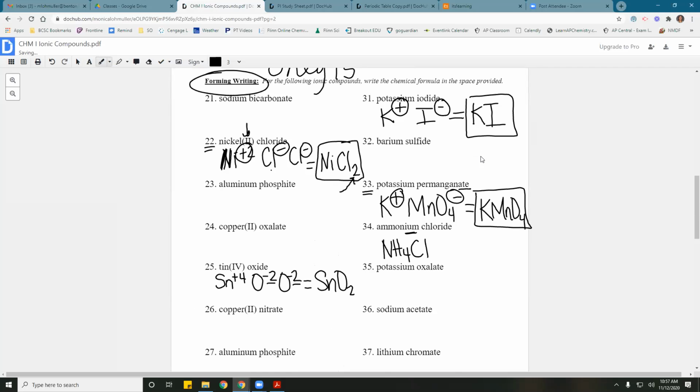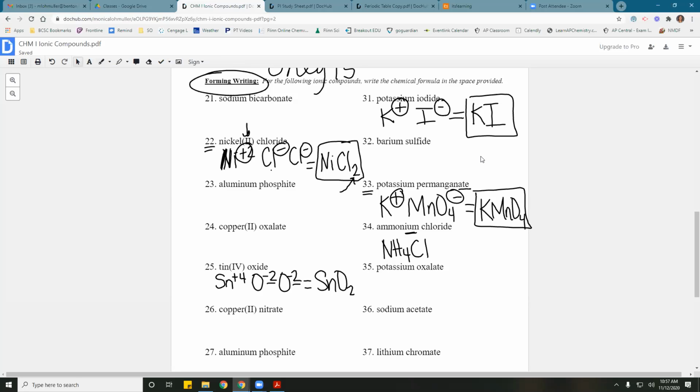So 90 to 95% of the time, whatever the subscript is on the second ion will be the Roman numeral. Nickel had a Roman numeral of 2, and we had 2 chlorines.